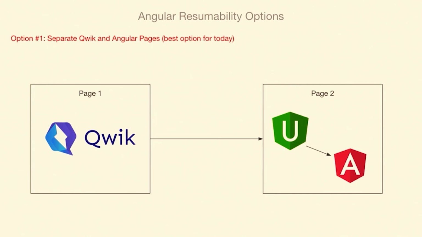I do this a lot with GetHuman, where we take certain pages and build them in new technology. In this case, we're talking about resumability in Qwik, but I've done this in the past with many other technologies that we're trying out, just as a one-off thing, and it links through normal navigation, and then you're back into your core app. This is a good way to experiment critically because we're talking about user experience and search ranking.